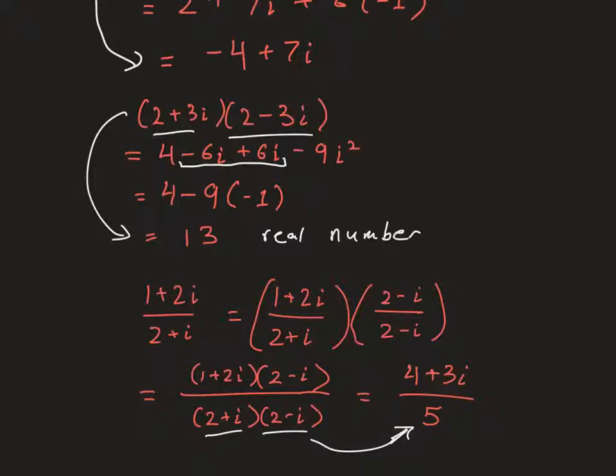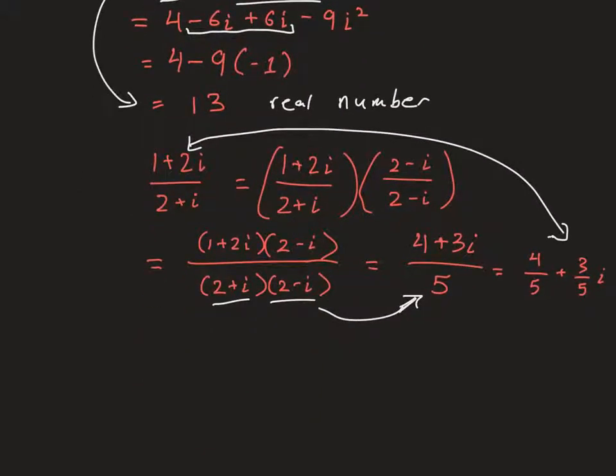And this one, if you want, you can write as 4/5 plus 3/5 i. And you see that this thing over here is much simpler than what we had initially, because a complex number denominator is kind of hard to work with.